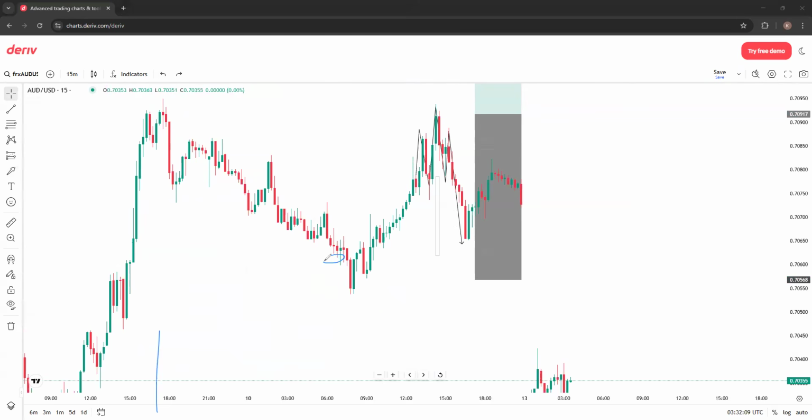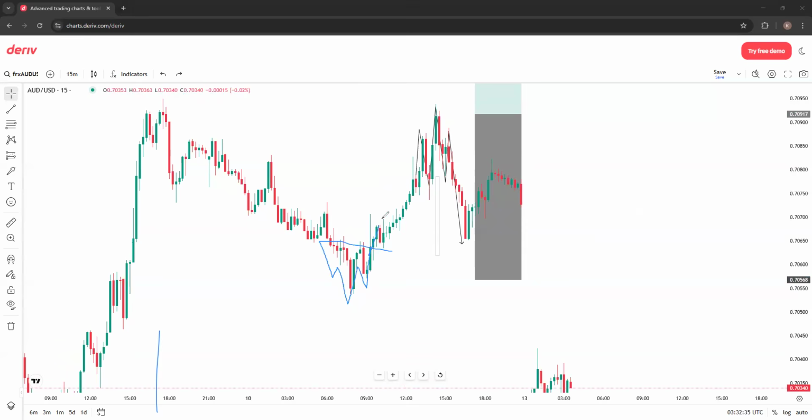we have a shoulder and a head and a neckline here. And what did price do? Let me do this. What did price do? Remember, we have a shoulder, a head, and a shoulder, and then our neckline here. And then what did price do?